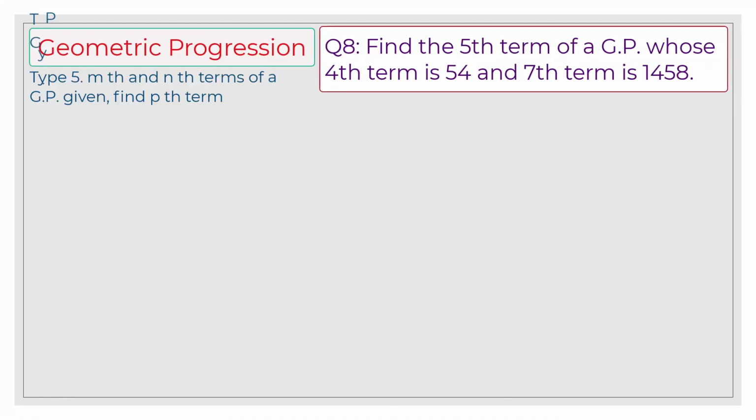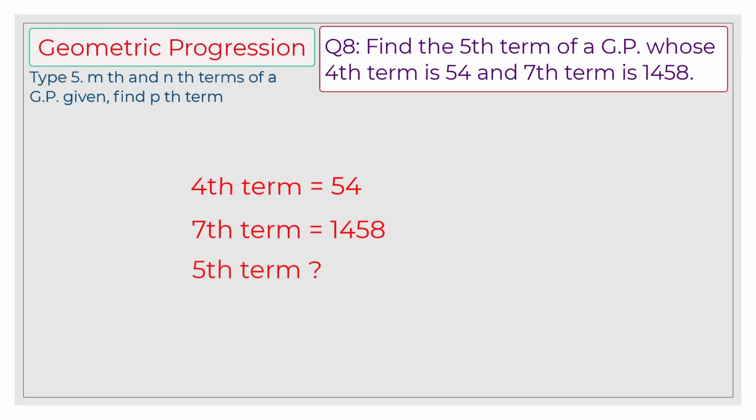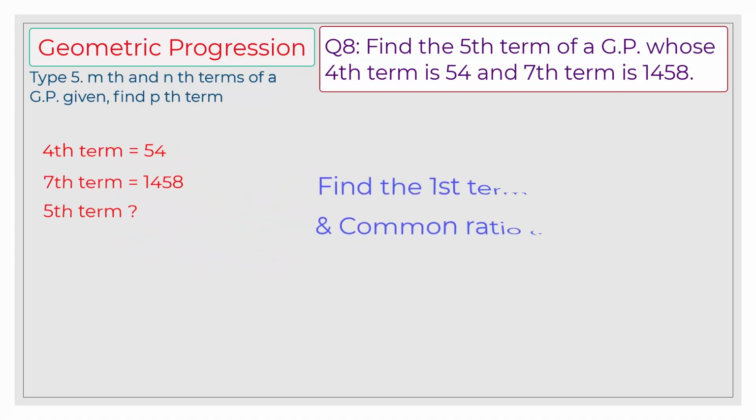In the last type of question in this session, we are given with the fourth and seventh terms of a GP. We want to find the fifth term. Here, the task is to find the first term of the GP and the common ratio using the given information, and then we use them to find the fifth term. It's given that the fourth term is 54.